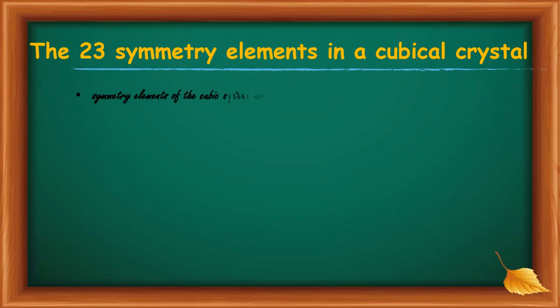So there are 23 symmetry elements in a cubical system that we discussed. First we discussed the center of symmetry, only one center of symmetry, one point of symmetry, and the planes of symmetry: straight planes 3 and diagonal planes 6.